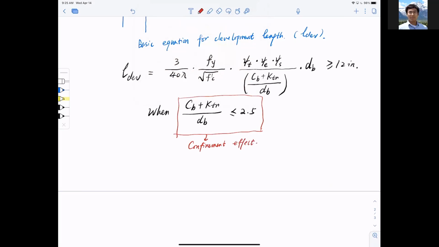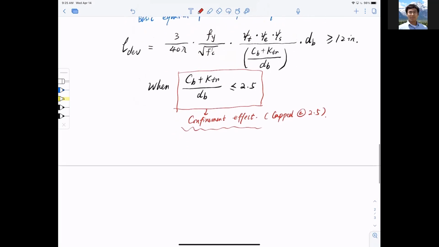You can calculate this, and if it is bigger than 2.5, it is capped at 2.5, meaning you let it equal 2.5 to be able to use this equation.